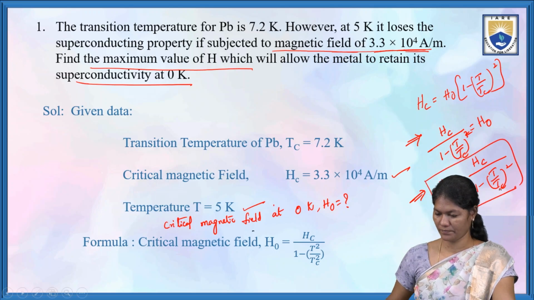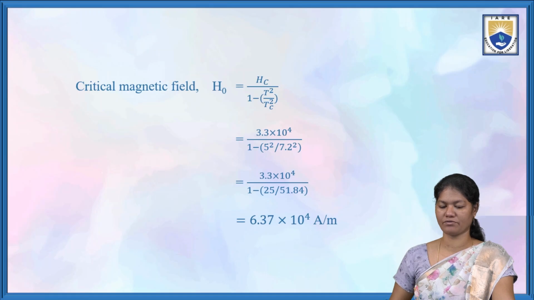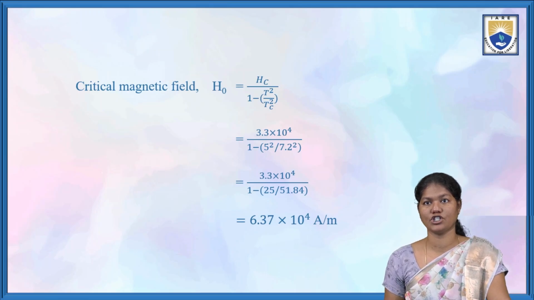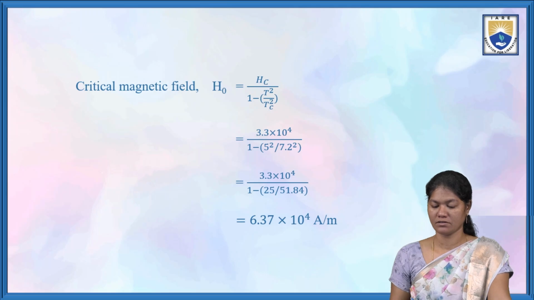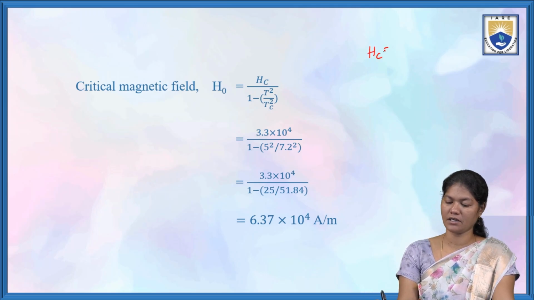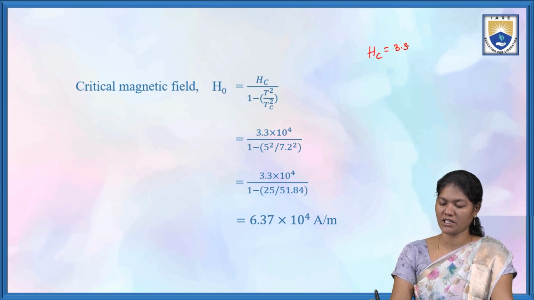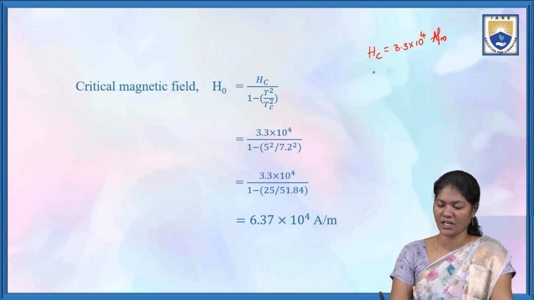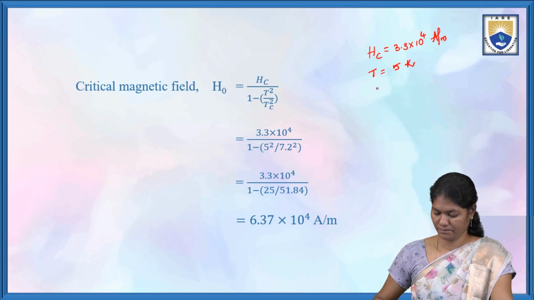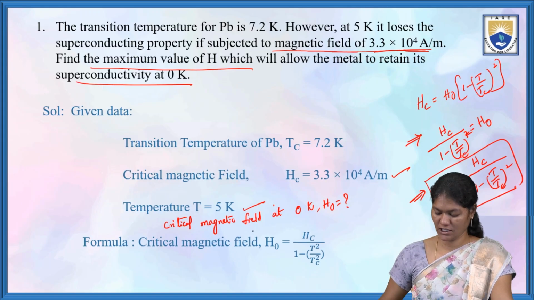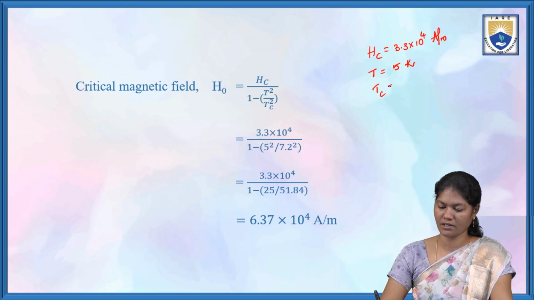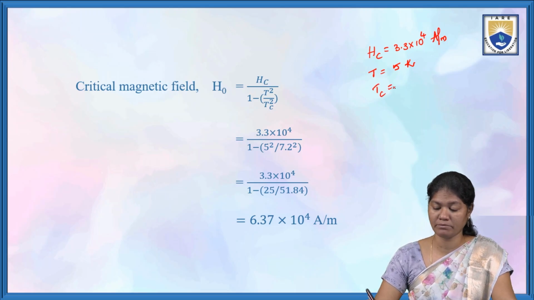So H naught is equal to the critical magnetic field over (1 minus (T by Tc) square). This is the formula. Let's substitute the values of Hc, T and Tc. Hc, the critical magnetic field, is 3.3 into 10 power 4 ampere per meter. T is 5 degree Kelvin, and Tc is the transition temperature or critical temperature, 7.2 degree Kelvin.